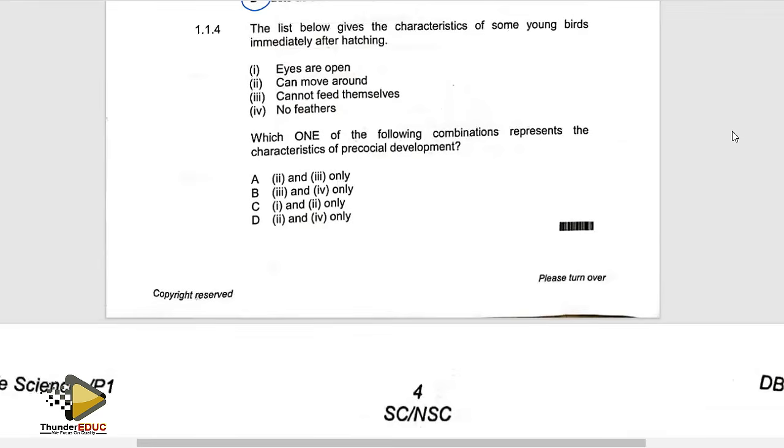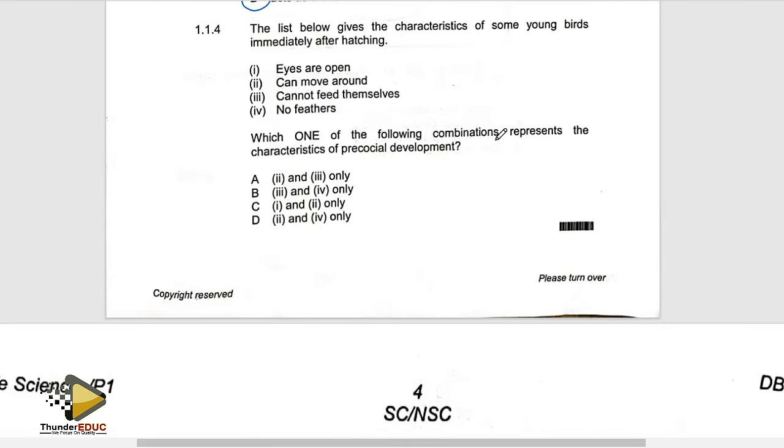Then question 1.4. They are saying that the list below gives the characteristics of some young birds immediately after hatching. Eyes are open, can move around, cannot feed themselves, no feathers.